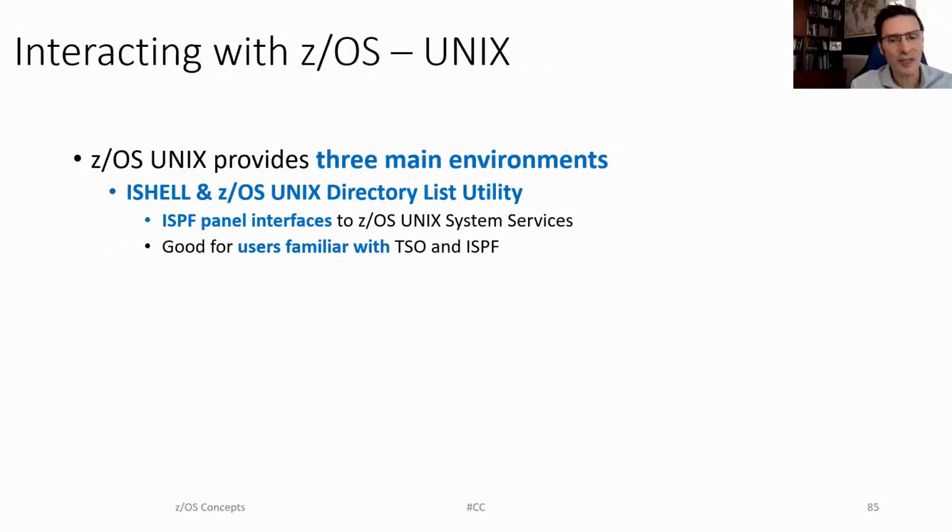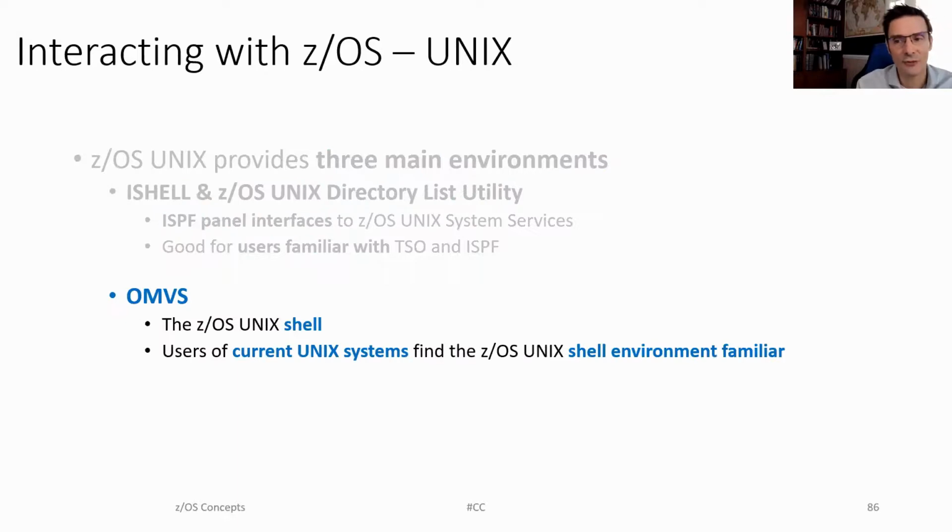Okay. So now, how do I interact with zOS Unix? How do I access those zOS Unix files that are on the mainframe? Well, there's a number of different ways. First of all, there is the traditional way. If you're familiar with ISPF, you can interact with those Unix files using some ISPF utilities.